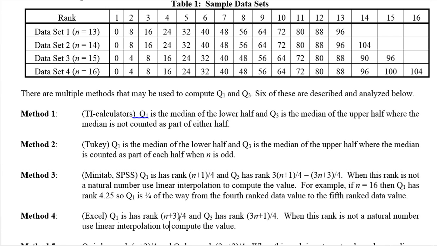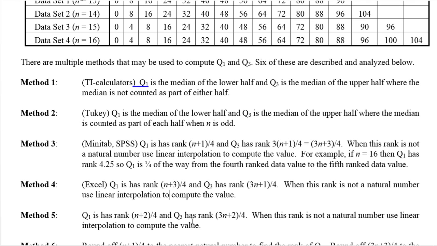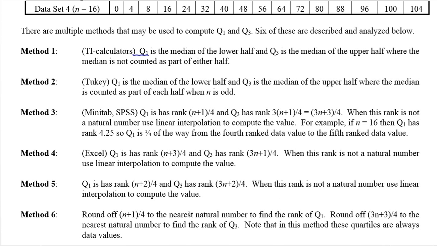But it does it in such a way that you get something in between so that approximately 1/4 is below. And so you interpolate again. Another way to do it is you take n plus 2 over 4 for the rank of the Q1 and 3n plus 2 over 4 for the rank of the top one.